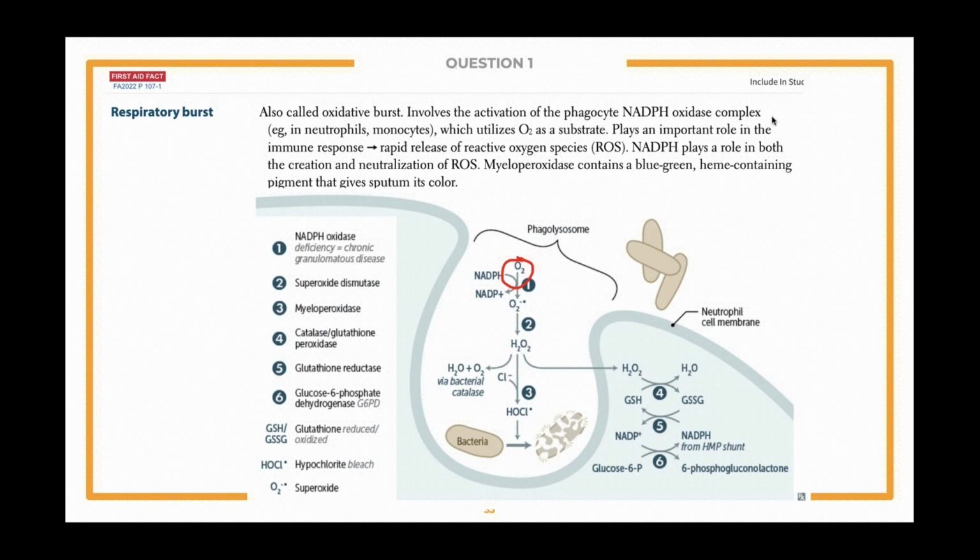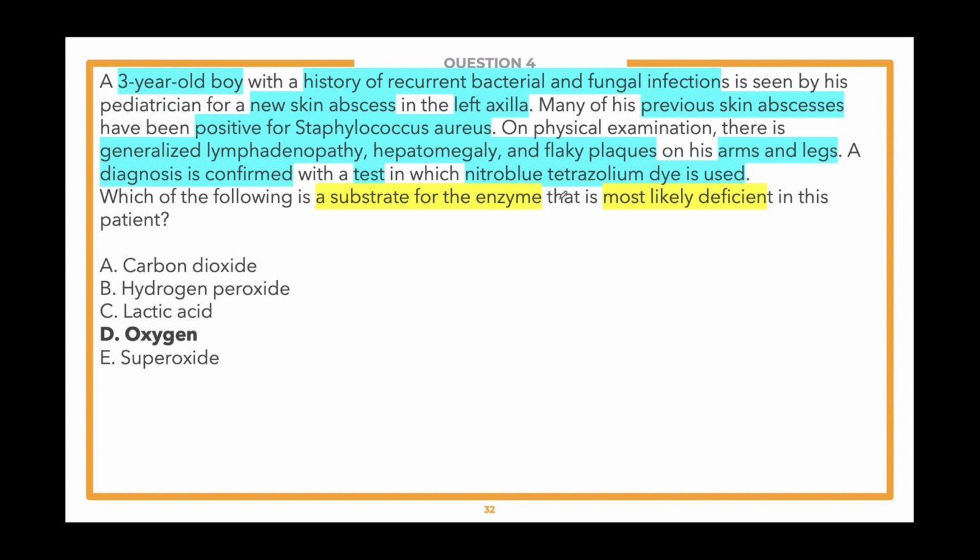But the very first substrate for this enzyme is oxygen. So if we go back to our question, and we take a look at the answer choices, hopefully you can see why D is the best answer. Oxygen. That's the substrate for the enzyme NADPH oxidase, which is deficient in chronic granulomatous disease. So hopefully you can see each of those 3 steps.